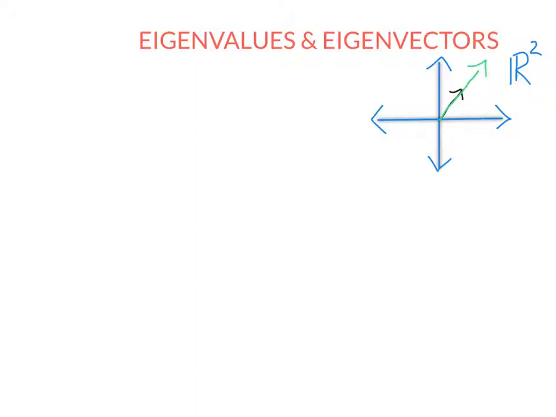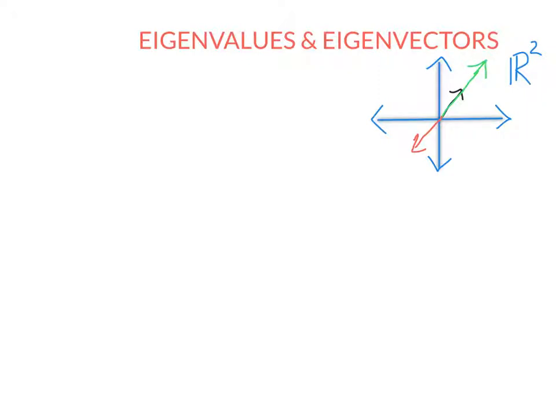It's only stretched it by some scale factor. I should also point out it could stretch and reflect it, but it's taken the black vector to another vector in the span of the original vector. In other words, when we multiply the matrix by a vector, we get a scalar multiple of that vector. So let's set up an equation to show this.